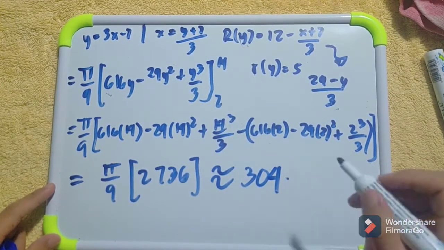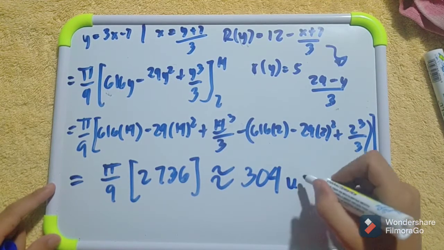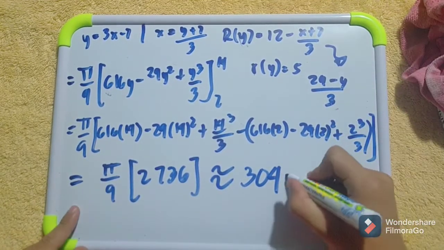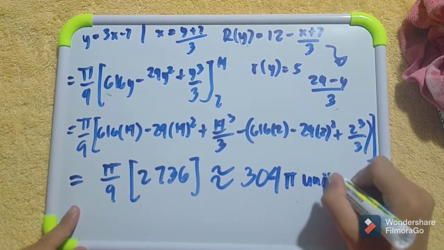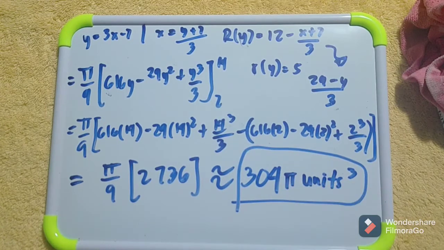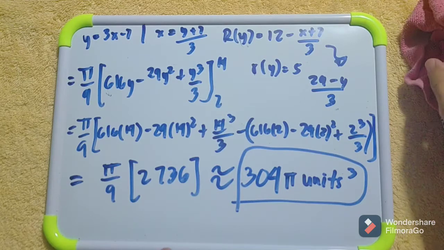So the volume we are looking for is 304, so it becomes 304 pi units cubed. So this is our answer to letter A, where our line is x equals 12. So, about x equals 12.